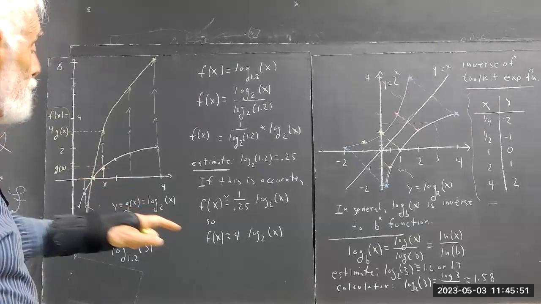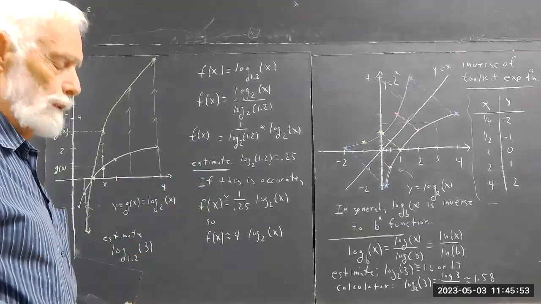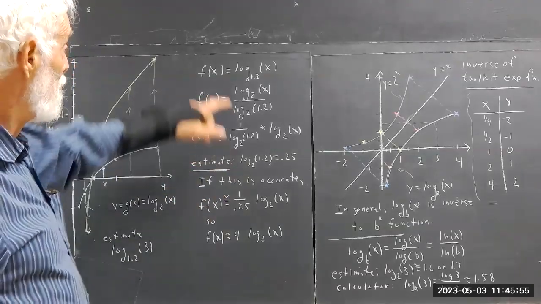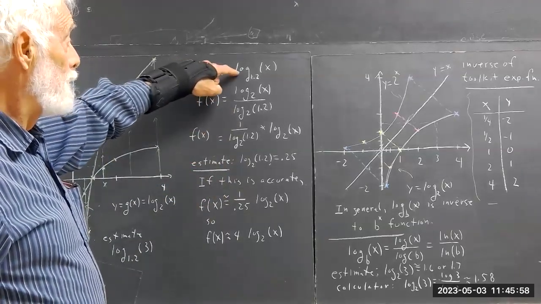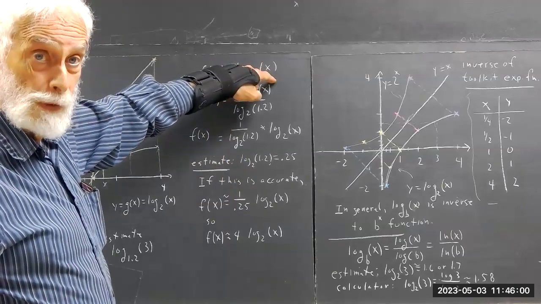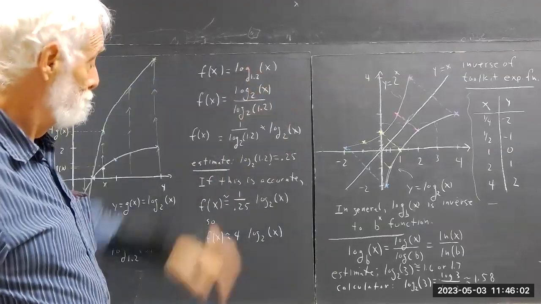Now remember, let's go back. Let's see where we came from. We said that f of x is log base 2 1.2 of x. Okay.